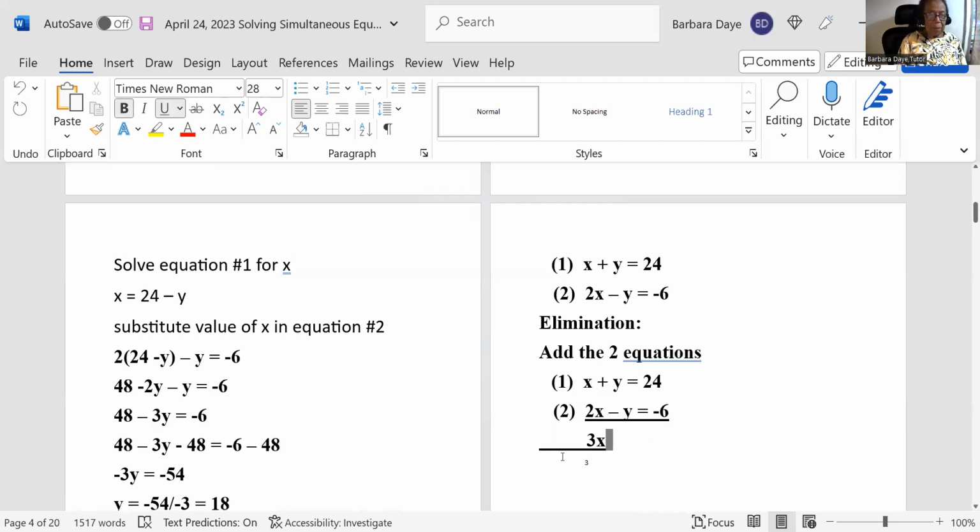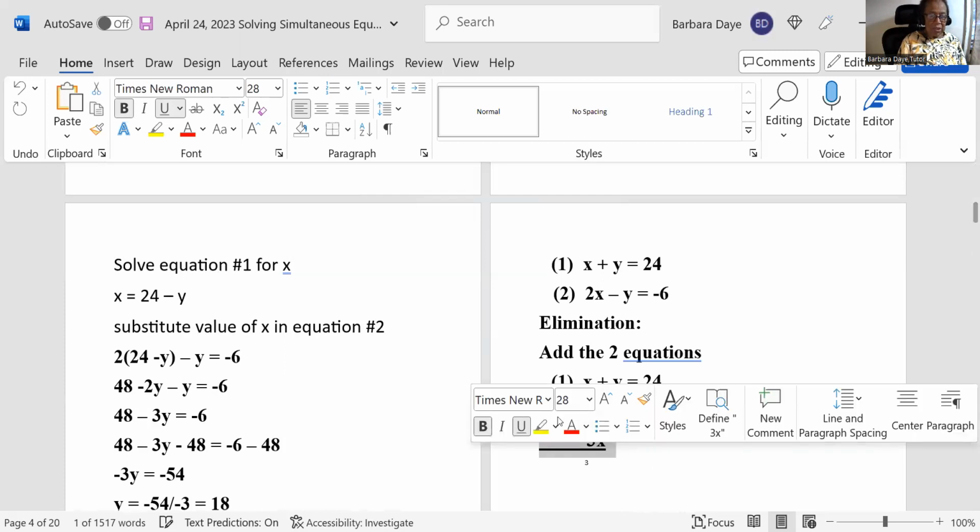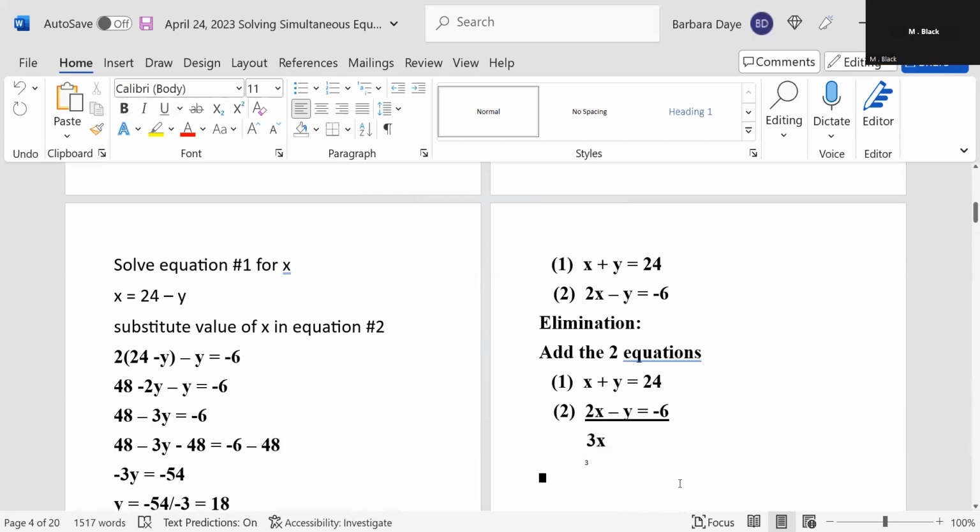And then plus y and a minus y is what, Mercedes? Zero. Plus y and minus y of the same variable is zero. Remember, that's plus 0.